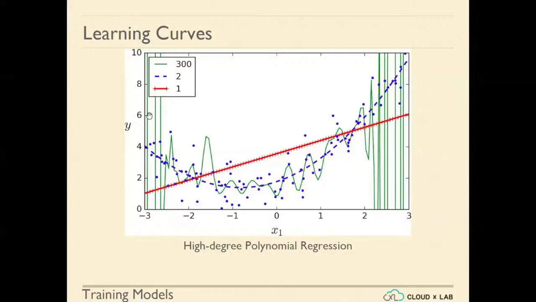As you can see here, if you fit a 300-degree polynomial, it will overfit. It will try to fit each and every data point. So if you have some data here, it will fit that also. It will fit all the outliers and all the noise present in the data. A linear model will not work here, because the ideal model here is a degree 2 polynomial, right?